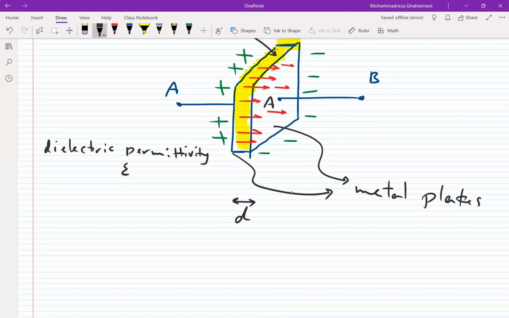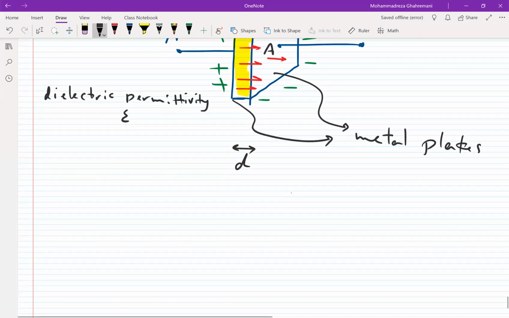Okay, so these are the parameters we have. We have epsilon, which is dielectric permittivity. We have D, which is the distance between two plates, and we have A, which is the surface area of each plate. Before doing some calculations and equations, let's see how we show a capacitor in the circuit.